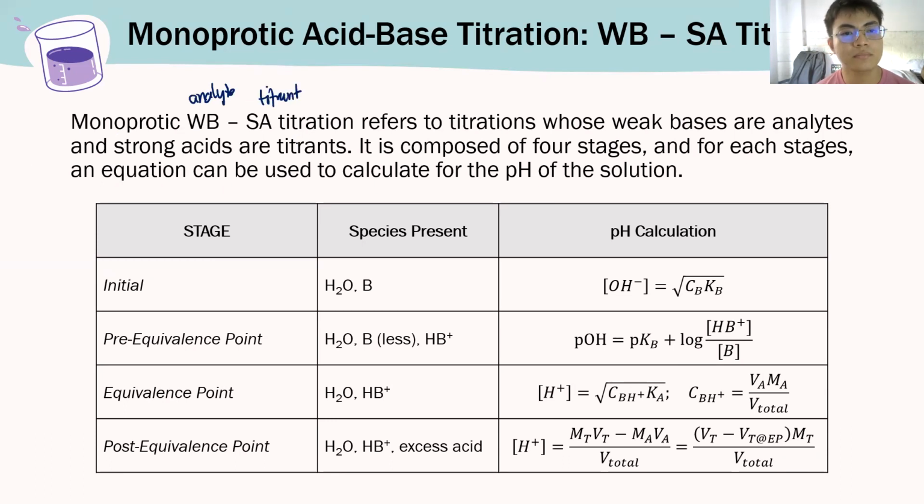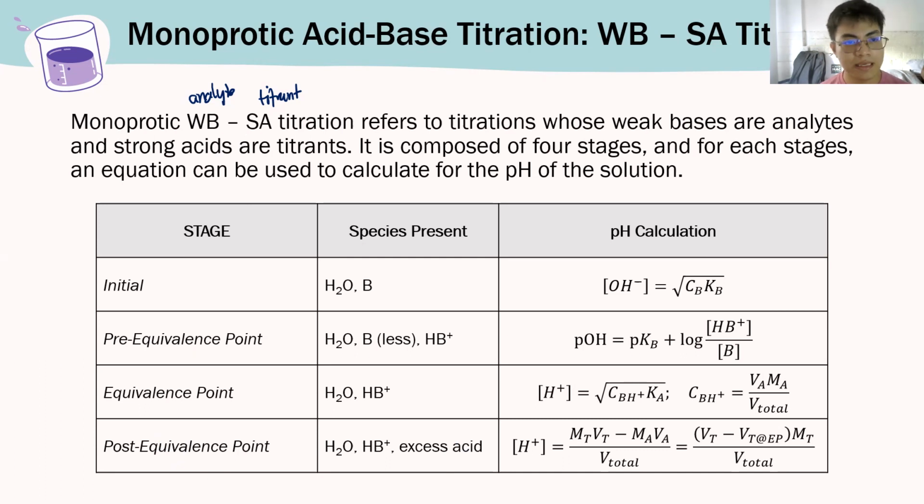So it refers to when a weak base analyte is titrated against a strong acid. Still you have 4 stages like the usual: the initial, pre-equivalence, equivalence, and post-equivalence. The equations here are quite similar to the weak acid strong base earlier, almost the same.